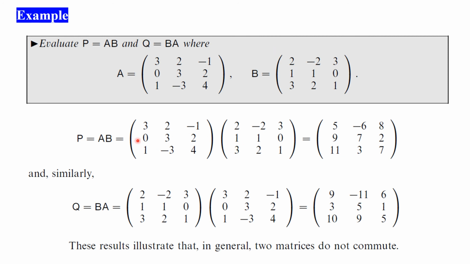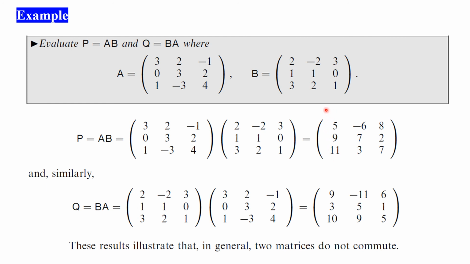For your P11, you have 3 times 2 plus 2 times 1 plus -1 times 3. So we have 6 plus 2, that's 8, minus 3, so that's 5.